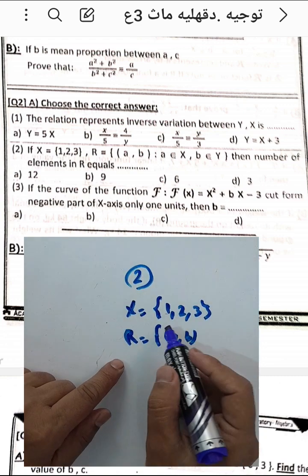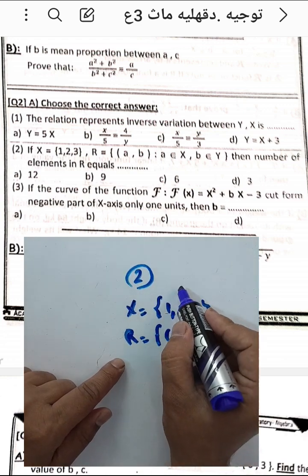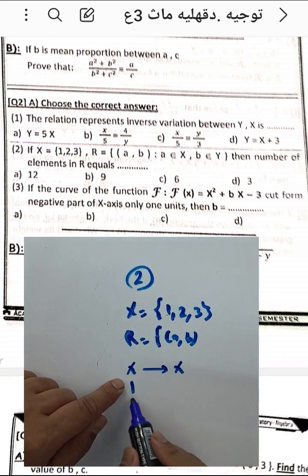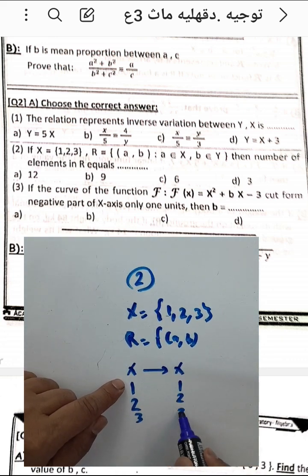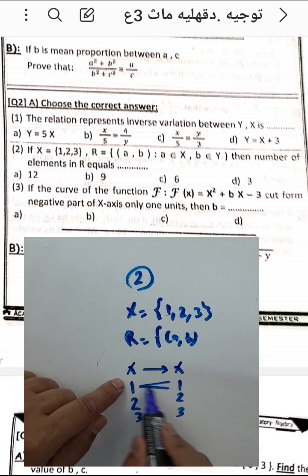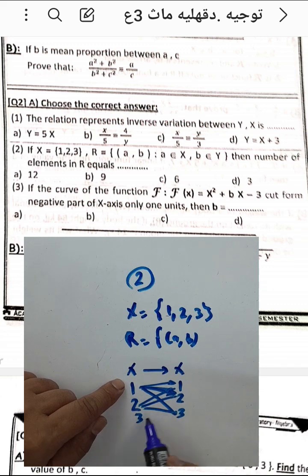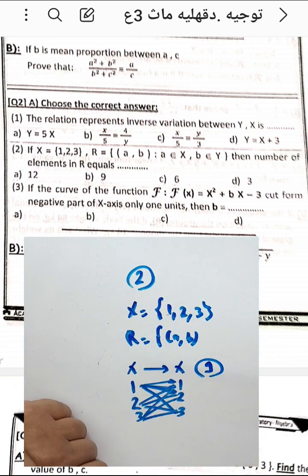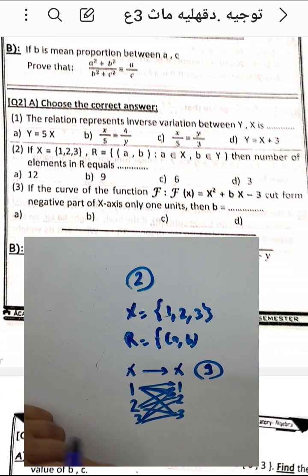We have 1, 2, 3 and 1, 2, 3. Then we will find 3 images here, and here 3 images, and 3 images. So 3 plus 3 plus 3, it will be 9. Okay, we have 9 ordered pairs in R.